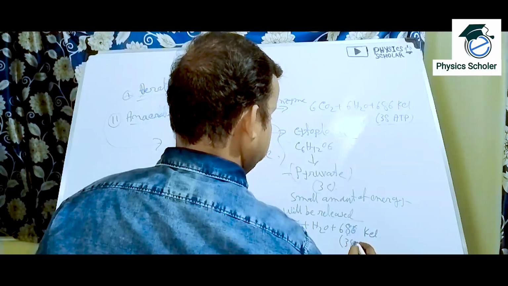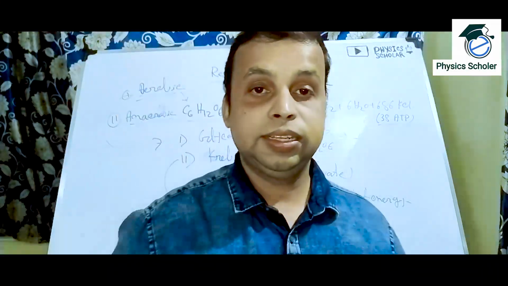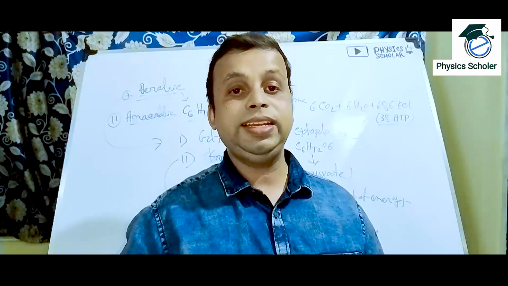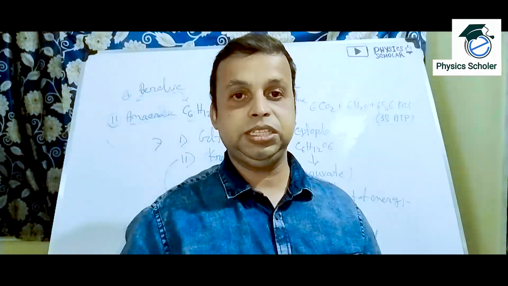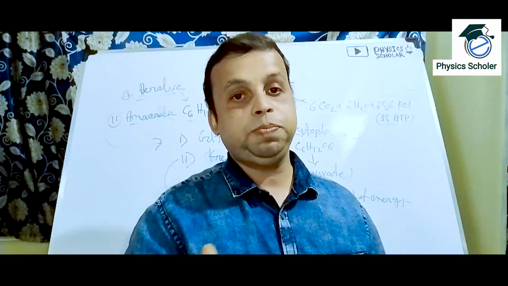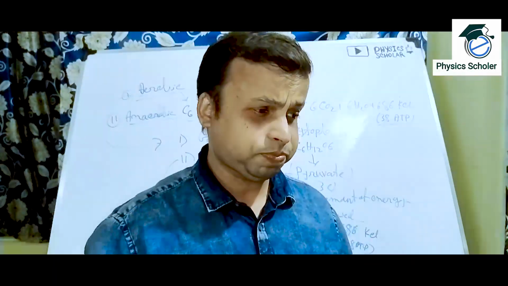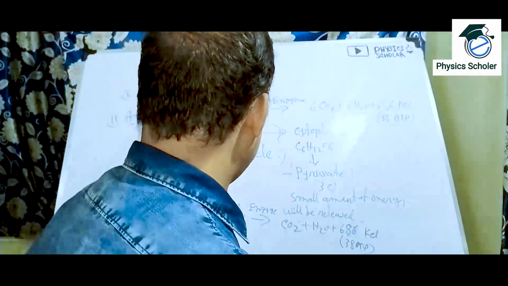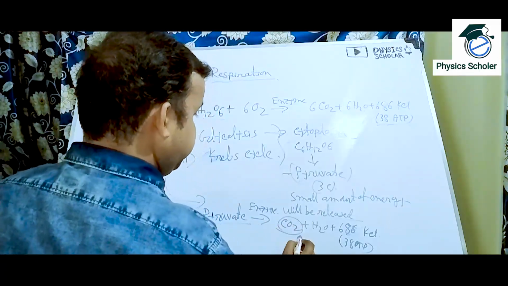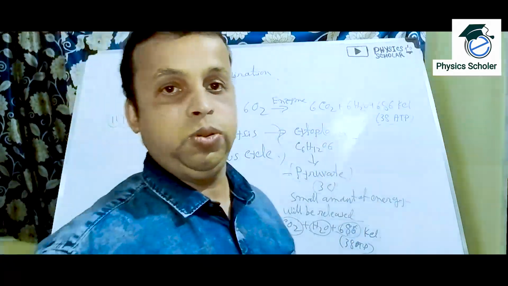Why is it known as the Krebs cycle? Because the German scientist Hans Krebs first observed this cycle. So in the name of the scientist, this cycle is known as the Krebs cycle. Here the pyruvate will convert into carbon dioxide and water, and complete release of energy will take place.